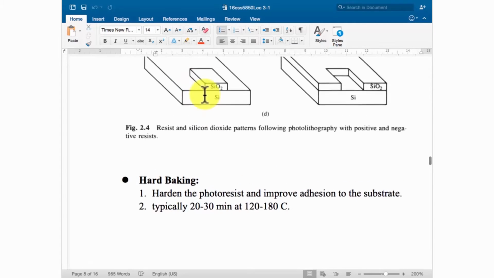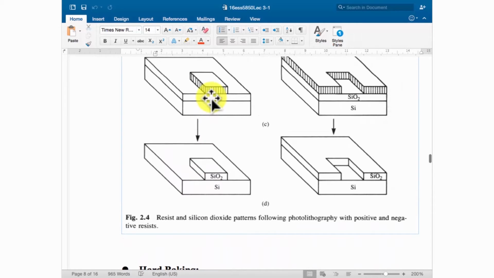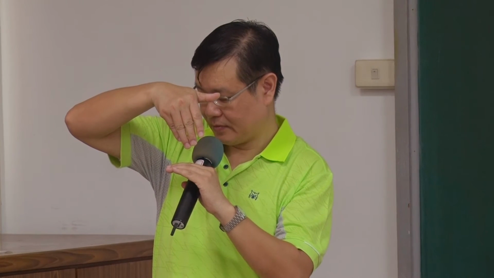This prevents the wet etching chemical from penetrating between the photoresist and the bottom material. In that case, the material will be etched underneath the photoresist. It's not good. So we need to have good adhesion between the photoresist and the material to have good protection. So in that case, we need a hard baking process at a higher temperature.